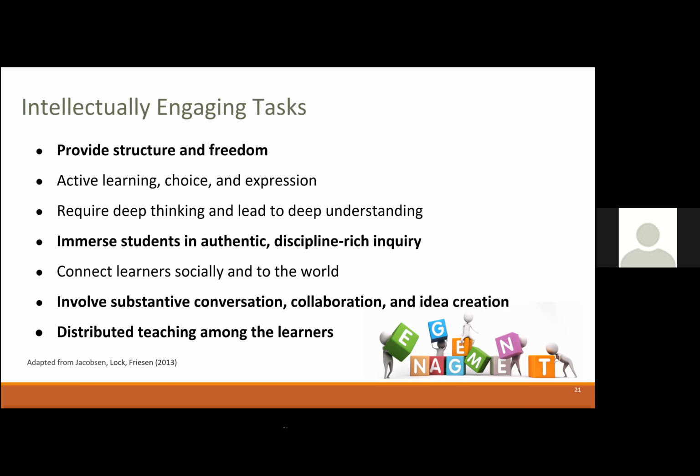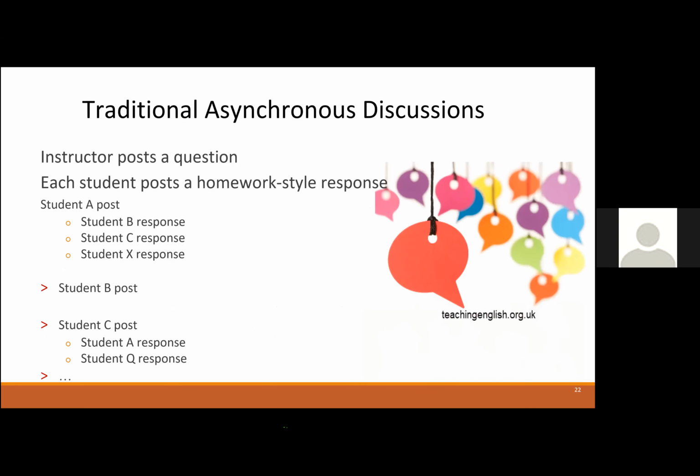In the post and reply discussion, the instructor posts a question in the topic description, and then each student posts a homework style response. Each student is creating their answer by themselves without any input from anyone else. This leads to fragmentary engagement, or monologues, as some researchers have called them, because there's no back and forth discussion.